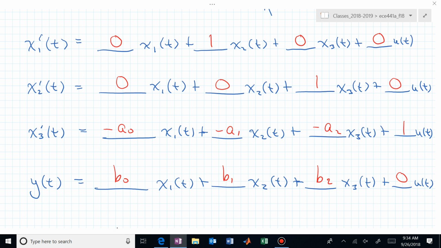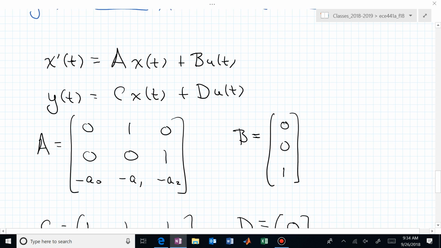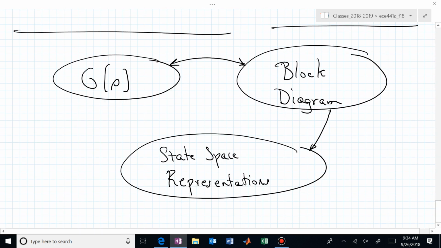You know you need three integrators, and this is how you would label those. You would label the outputs of those integrators as x1, x2, and x3 and interconnect them appropriately. You now know how to go that direction.